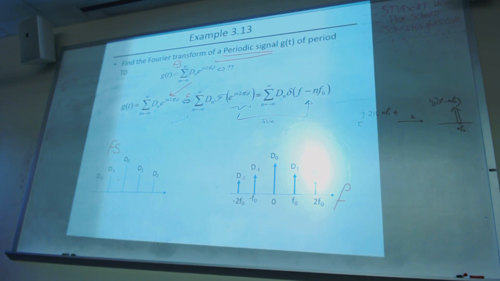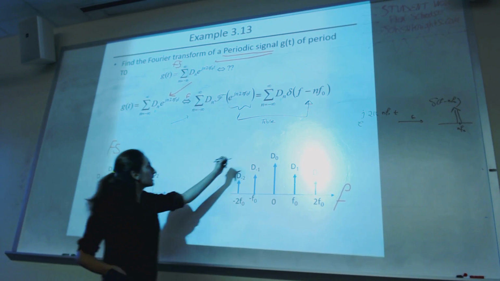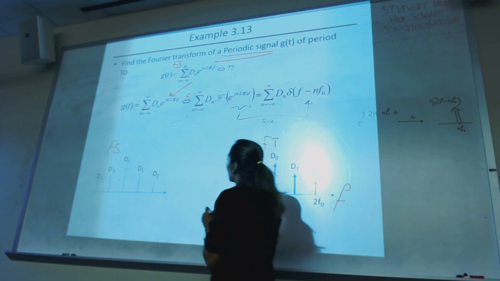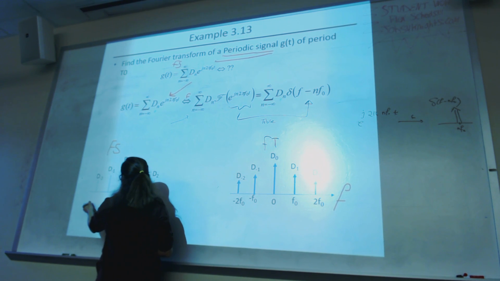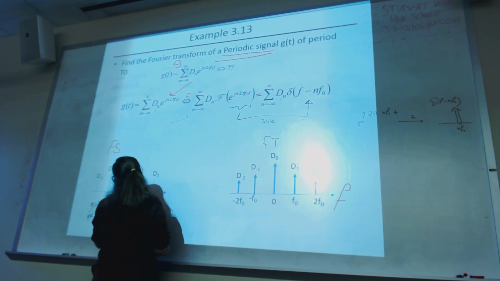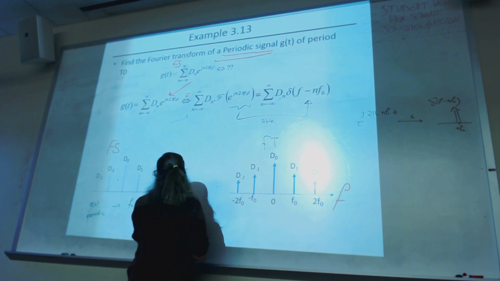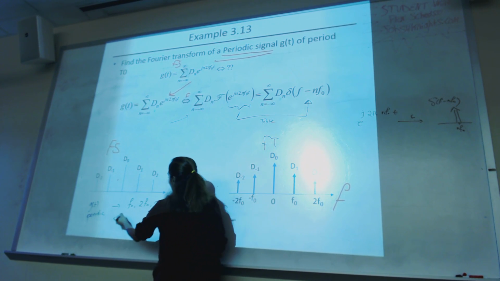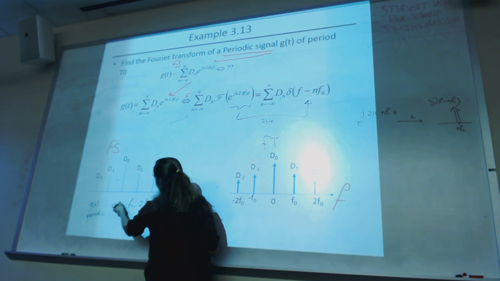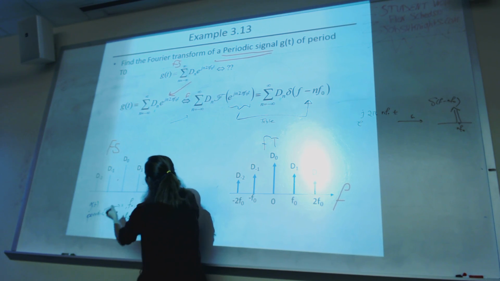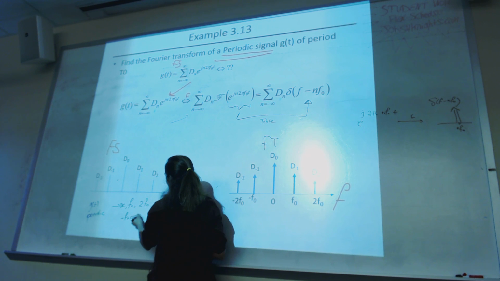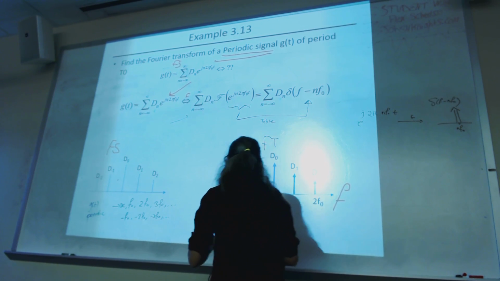Okay, so now what is the interpretation? Interpretation is that, when you have a periodic signal, remember we had a fundamental frequency and then all the harmonics. These are the only frequencies that are available: DC, and these are all the frequencies.